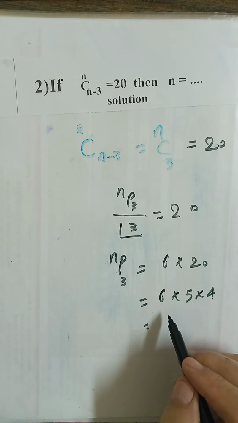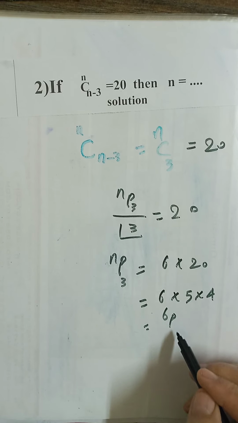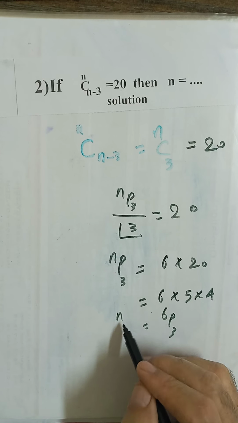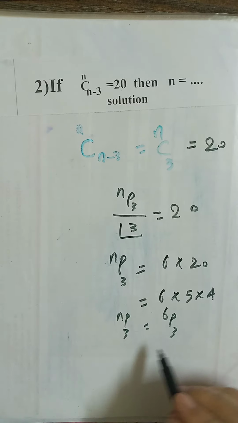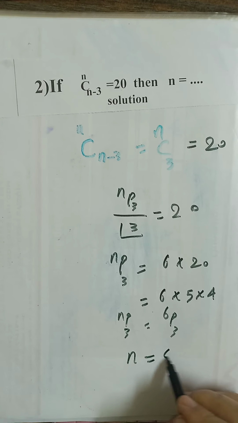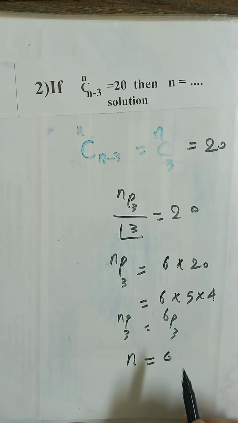You can write this in the form 6P3. Here nP3, therefore n equals 6.